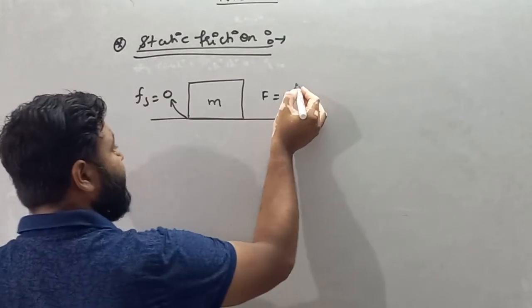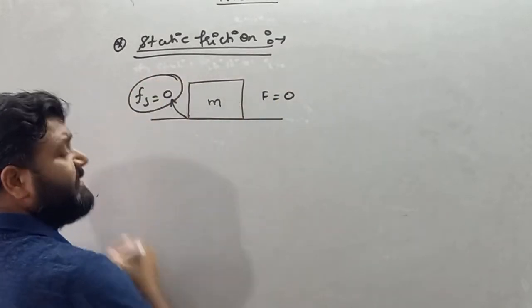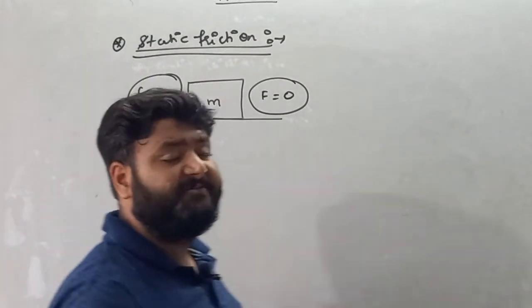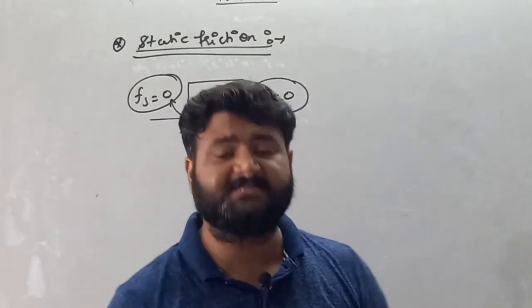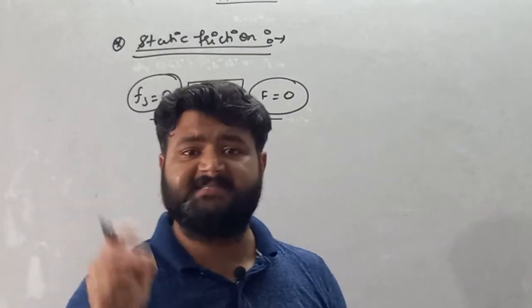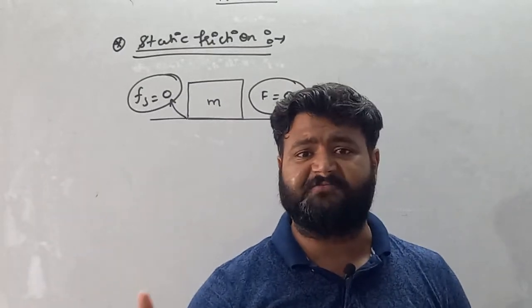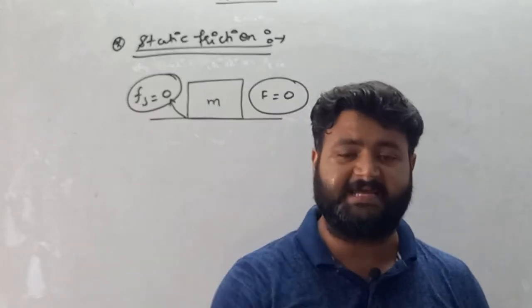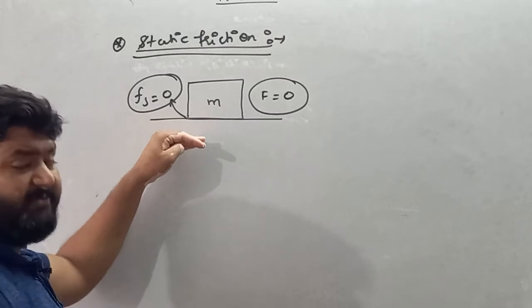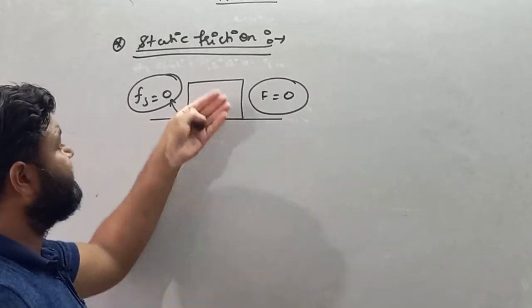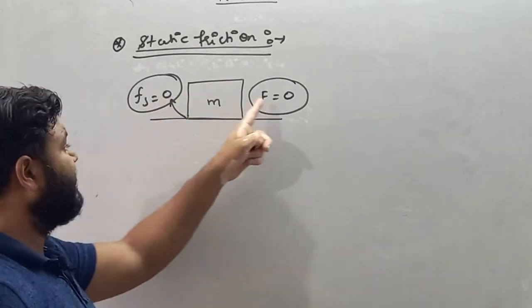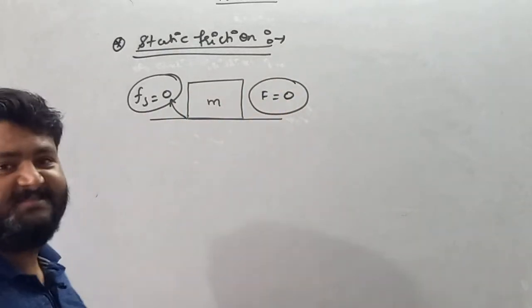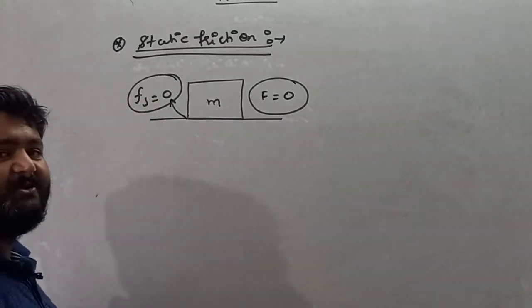Remember this, my dear student, the value of static friction is 0 if the applied force is 0, because static friction is that friction which takes place if the body is at rest with respect to the surface. If the body is not performing motion with respect to the surface, then the friction between body and surface is static, and the value of static friction is always equal to the applied force. So if applied force is 0, then the value of static friction is also 0.